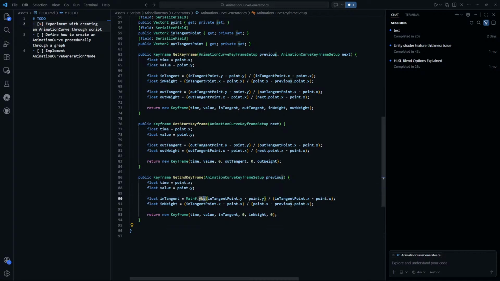You know what? I think we just want to invert this one and go point x minus intangent, maybe. But this one will always be positive, because this one shouldn't be able to be bigger than this one. It can be the same, however, so we could actually divide by 0 here. That's not good. We're going to fix that.